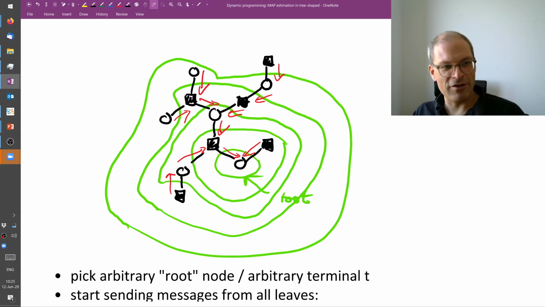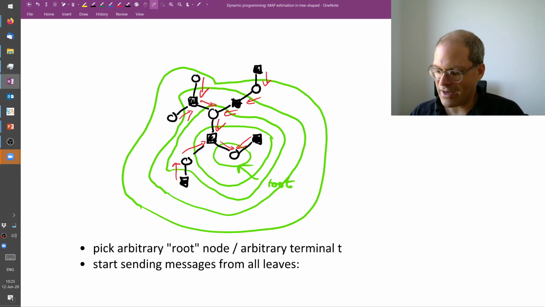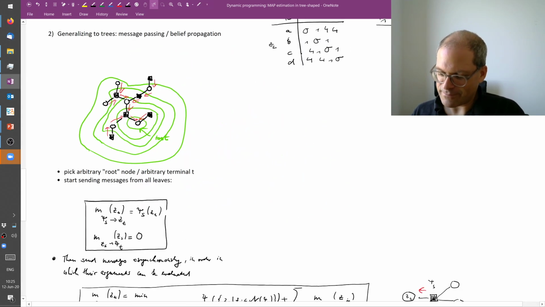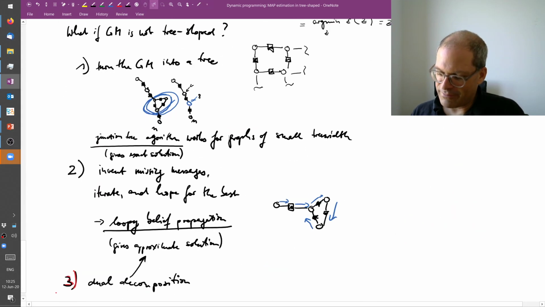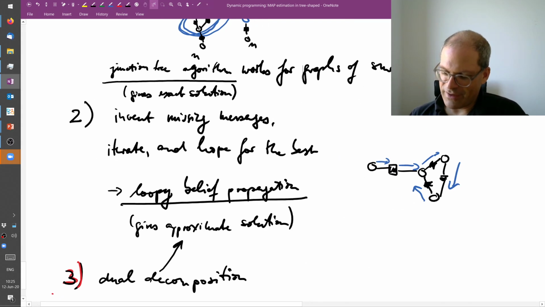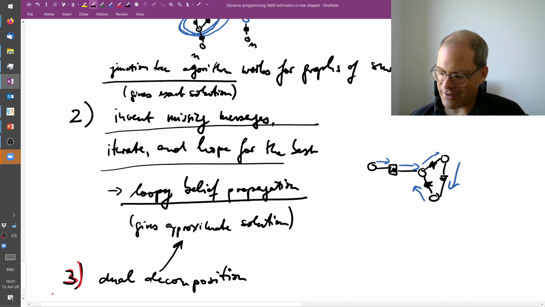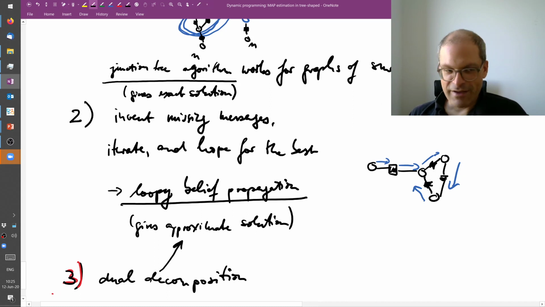If an incoming message is not coming in, we can just invent one and pretend that we had received it for a fact, and we send our outgoing message anyways. And if we iterate this, so what I've written here is invent missing messages, iterate, and hope for the best, then this is called loopy belief propagation, and it will give us an approximate solution in general.